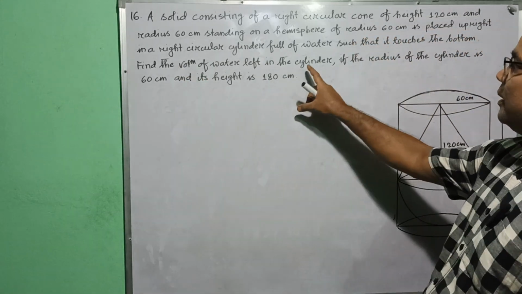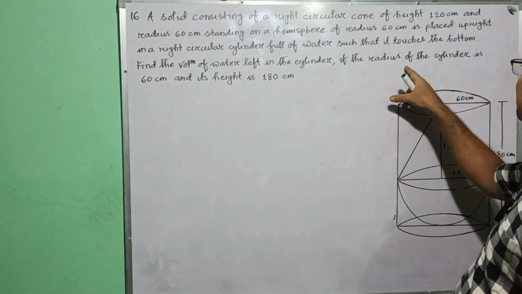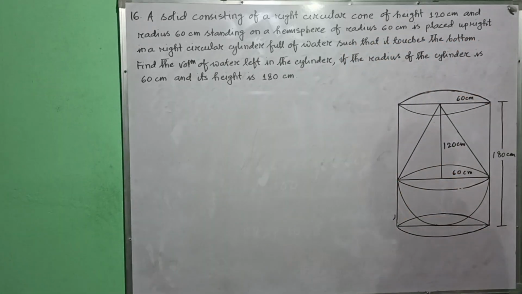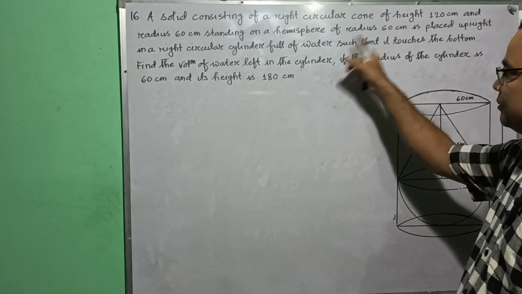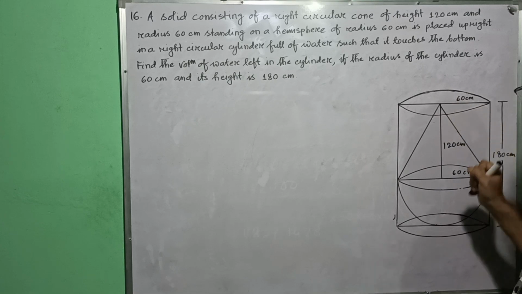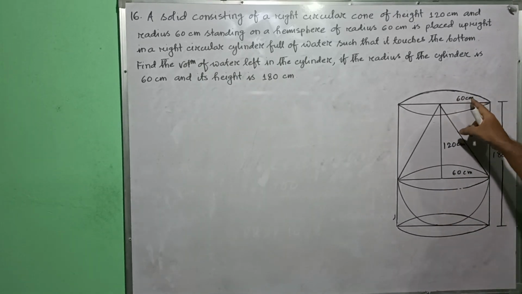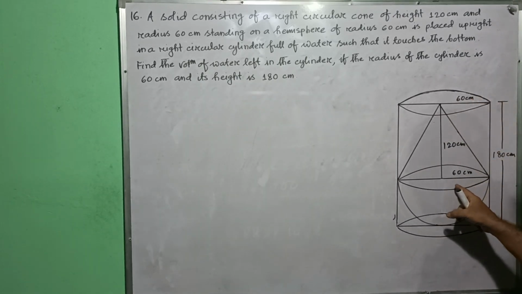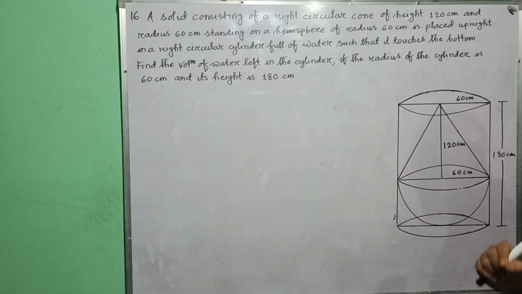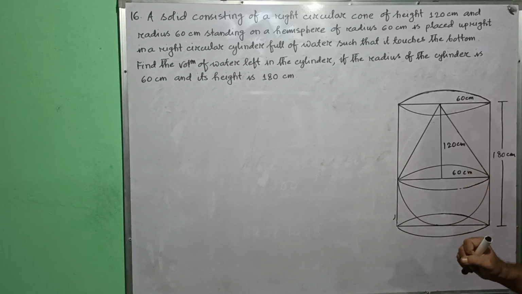Find the volume of water left in the cylinder if the radius of the cylinder is 60 centimeter and its height is 180 centimeter. From the question we can see that the radius of the cylinder is also 60, the base radius of the conical part is also 60 centimeter, and the radius of the hemispherical part is also 60 centimeter. So these are equal.